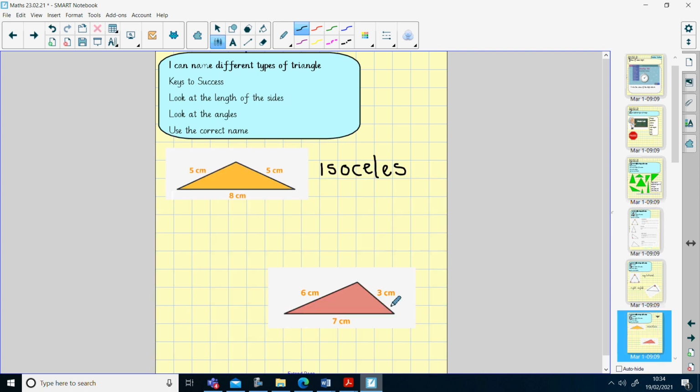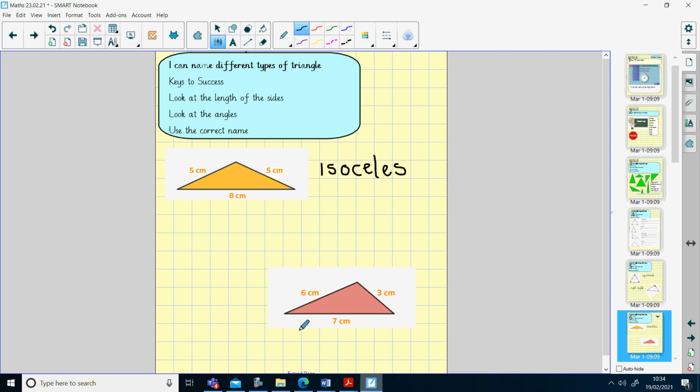So, children, the last triangle that we had is a scalene triangle. So this here should be a scalene triangle, but I might have tricked you. So let's just double check with the definition. I called it an odd triangle. And the reason I want to call it an odd triangle is because it has three sides that are all different lengths, and that means that it has three different angles.